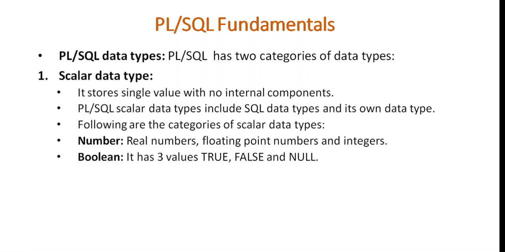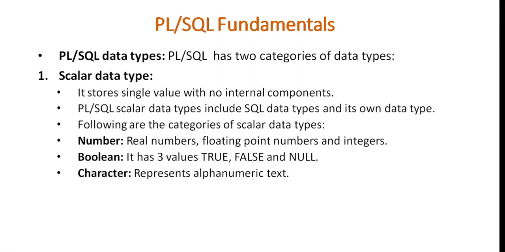The next scalar data type is Boolean. We already know Boolean type of variables are used to store two types of values, that is true and false. But in PLSQL, it supports three values: true, false, and null. The next scalar data type is character. Character represents the alphanumeric text, like character, varchar2.